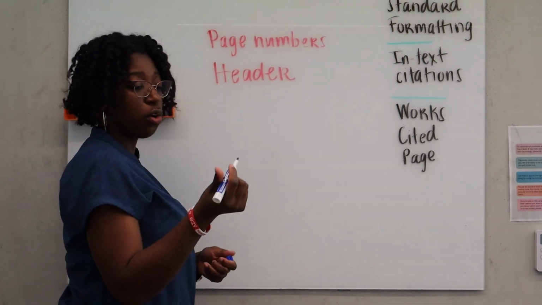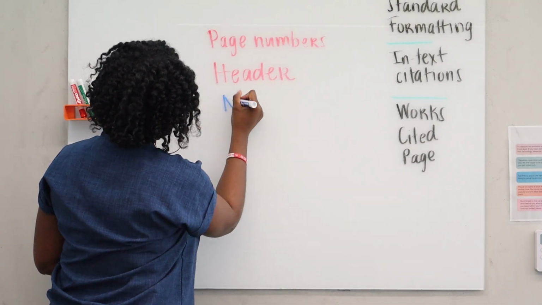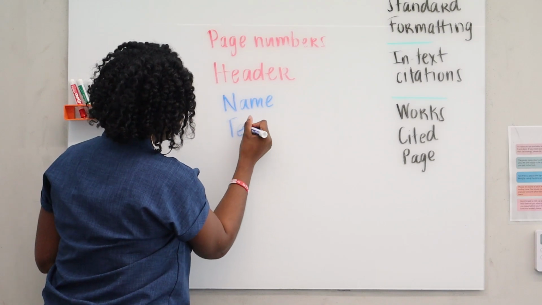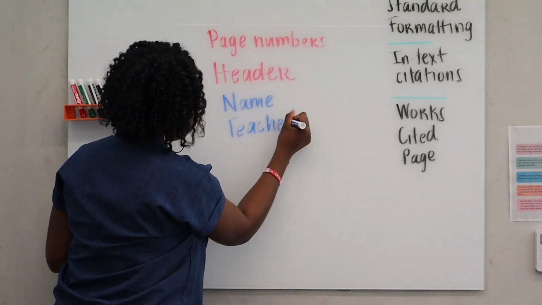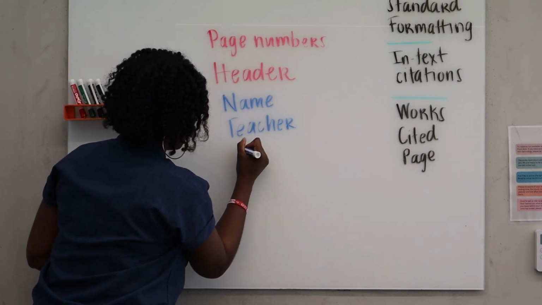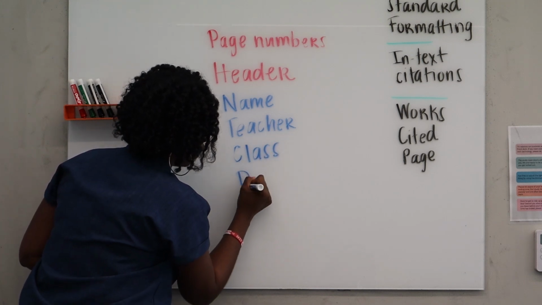Your header is going to be in the following format. So it's going to be your name, your teacher's name. So for this class, you'll put your name, then Dr. Barnes, and then the class, and then the date.